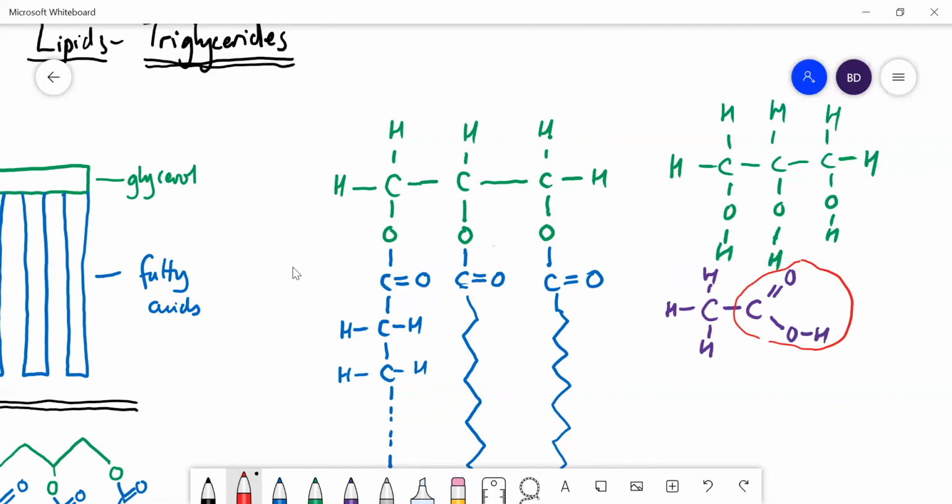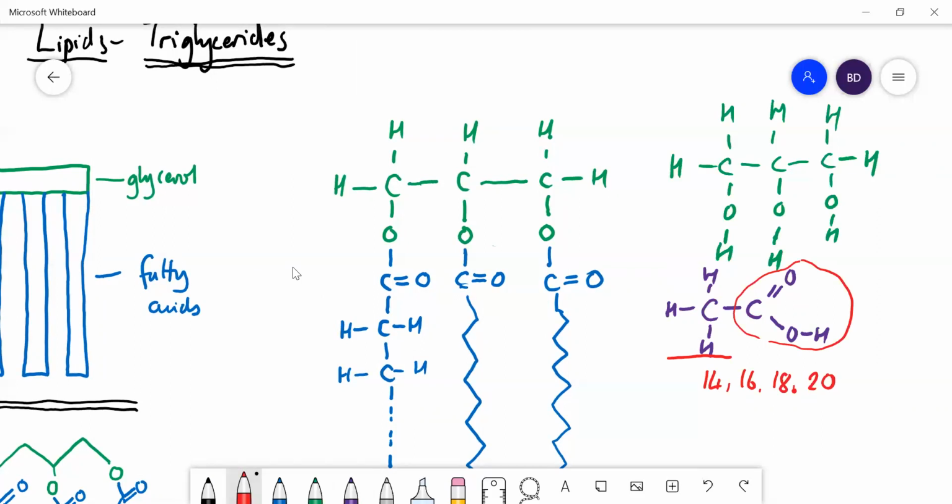So these fatty acids are carboxylic acids, but instead of just being 1 carbon long, this is a great big long chain of carbons with hydrogen stuck onto it. Fatty acids are usually 14, 16, 18, or 20 carbon atoms long. You never get odd numbers because the way they're synthesized in cells, they're made up of 2 carbon units.